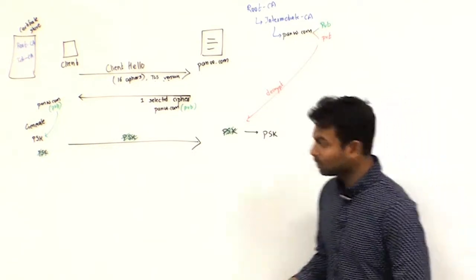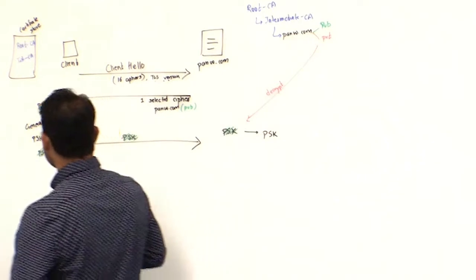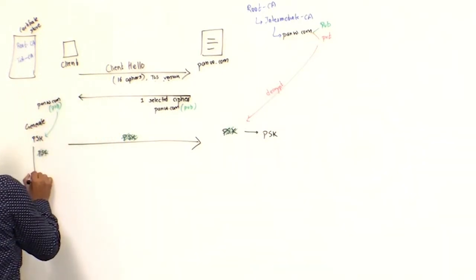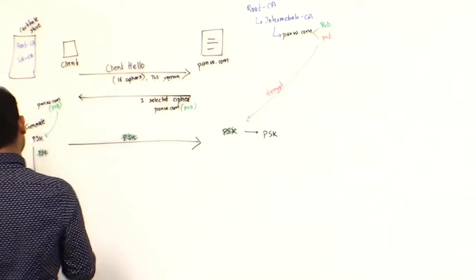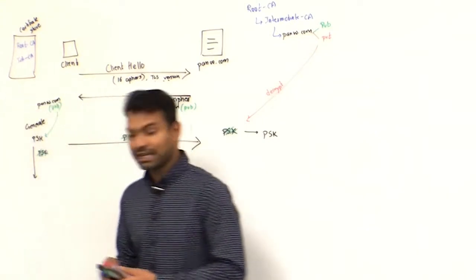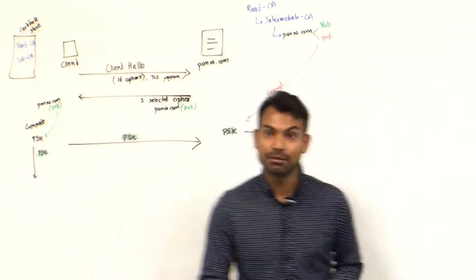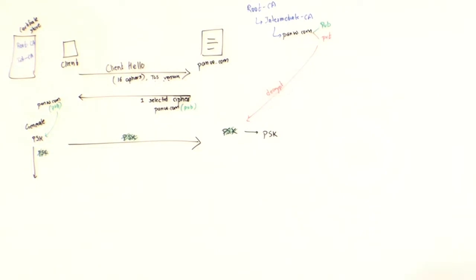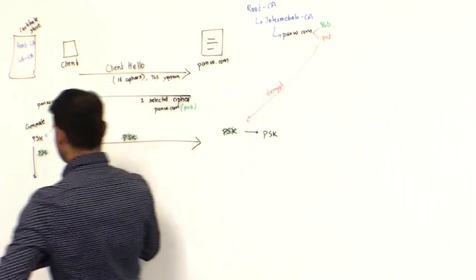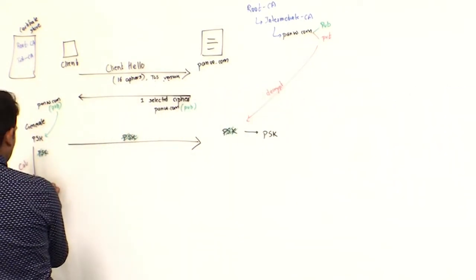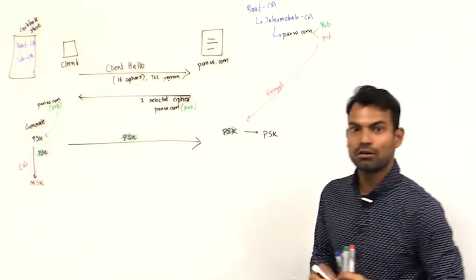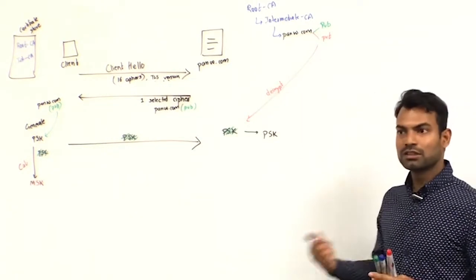What they need to do is generate a master secret key, but this key is calculated by both of them separately. So let me use another color for that, and I'm going to say calculate. I call it MSK, or master secret key.